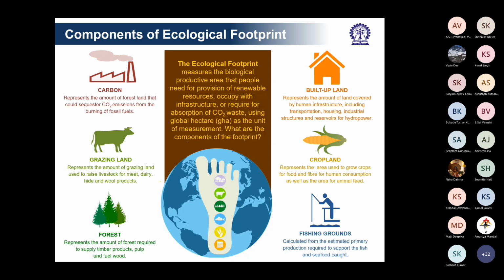When we talk about the grazing land footprint, it measures the demand for grazing land to raise livestock for meat, dairy, leather, and wool products. When we are talking about the forest product footprint, it measures the demand for forests to provide fuel wood, pulp, and timber products.